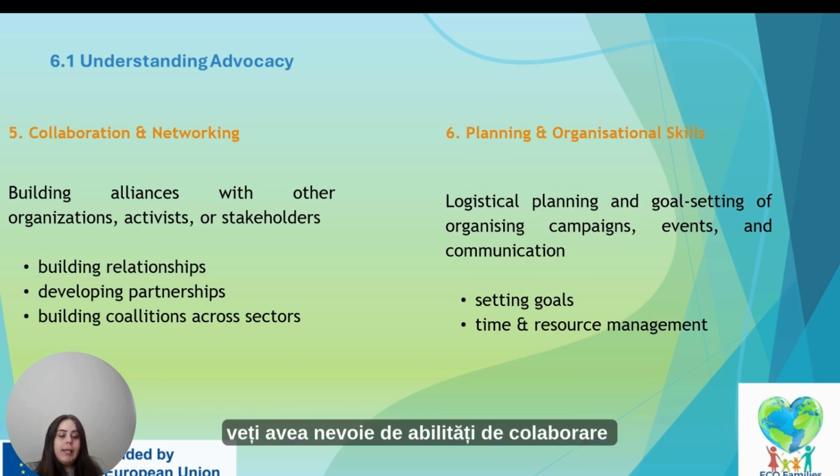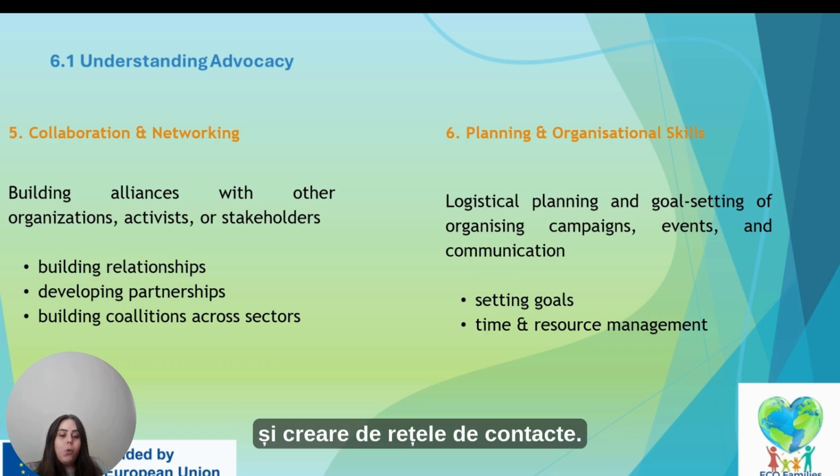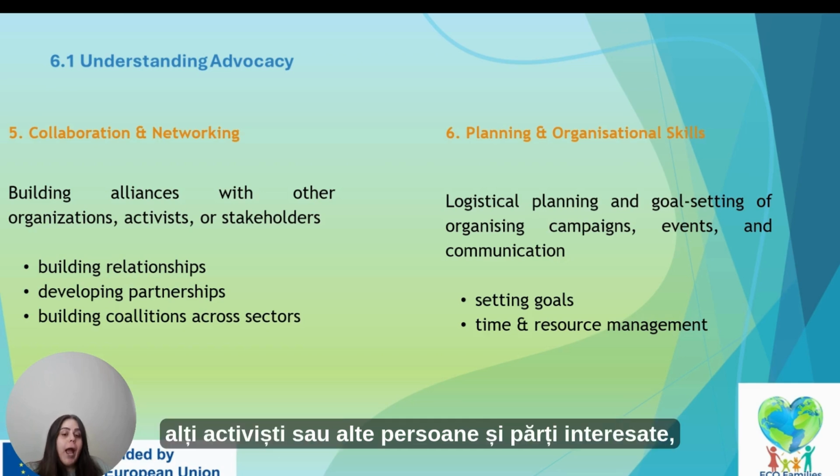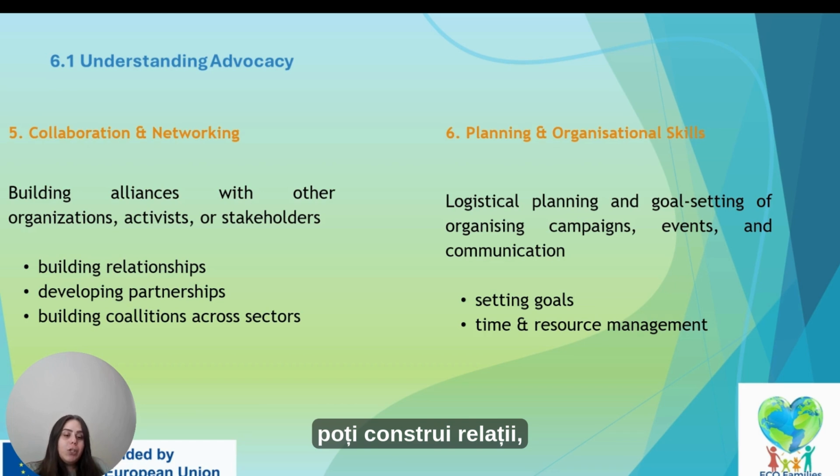Then, you will need some collaboration and networking skills. By building alliances with other organizations, other activists, or stakeholders, you can build relationships, develop partnerships, and build coalitions across many sectors.